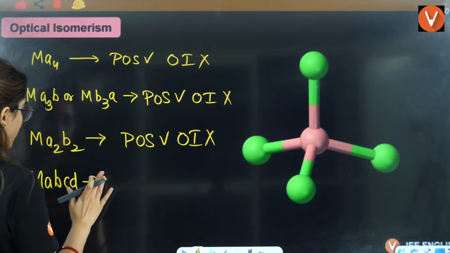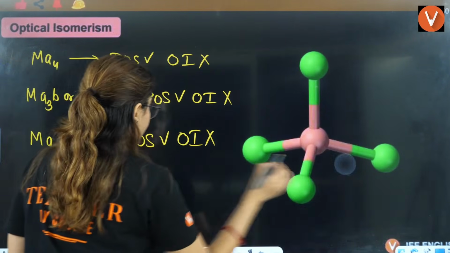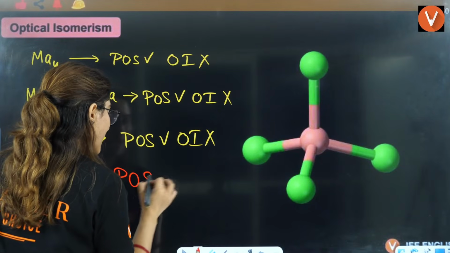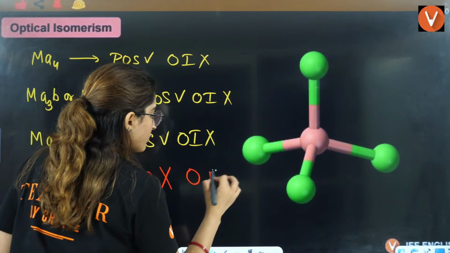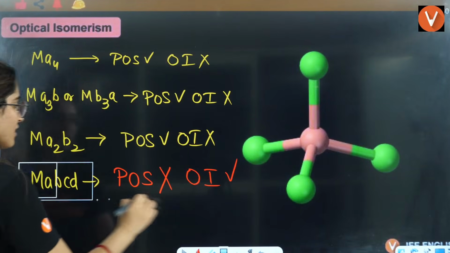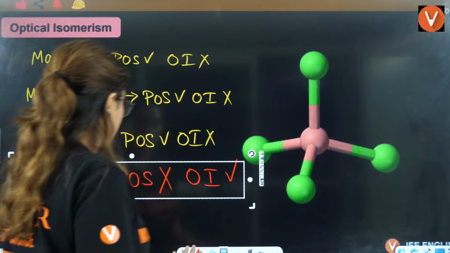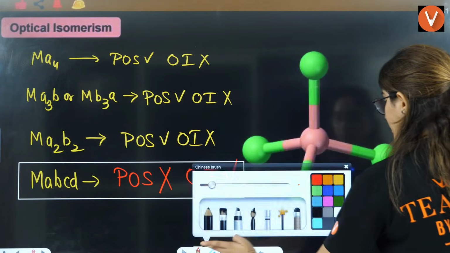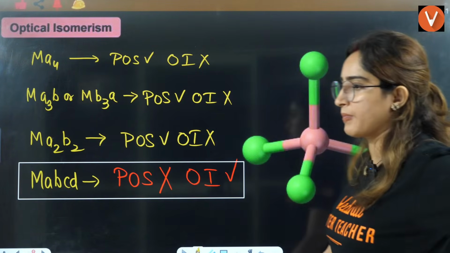MABCD, very important. POS is not present, so optical isomerism will exist. Mark it important because till now this is the only tetrahedral where we have observed optical isomerism, right?